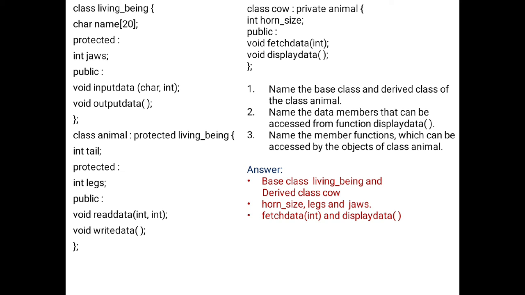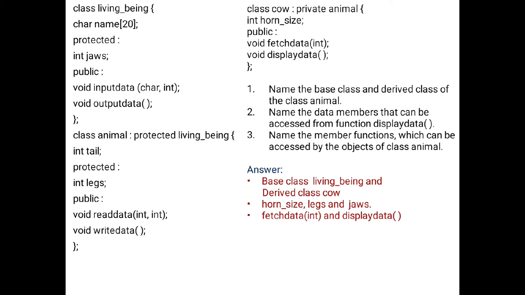At the same time, the class animal is derived from the class living being, and the class animal has protected access to the members of the class living being.